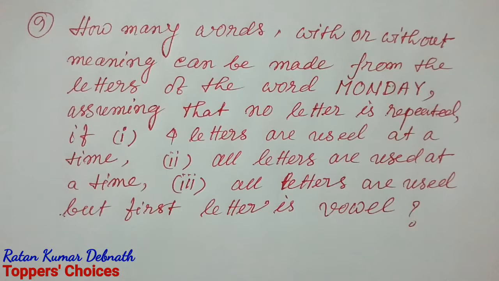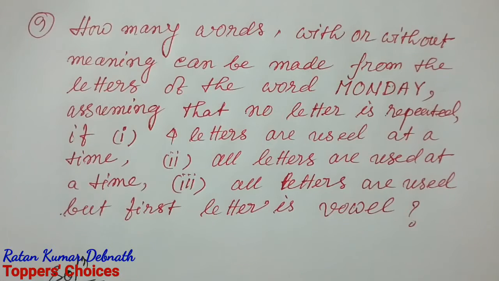Part 1: 4 letters are used at a time. Part 2: all letters are used at a time. And part 3: all letters are used, but the first letter is a vowel. Let us solve one by one.